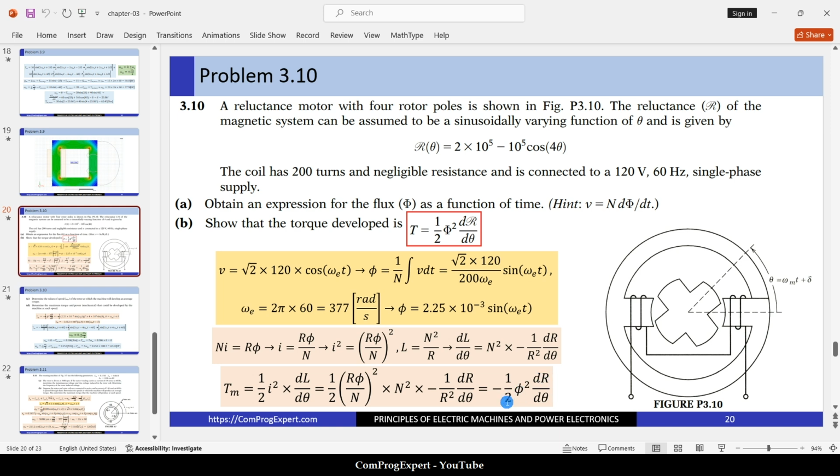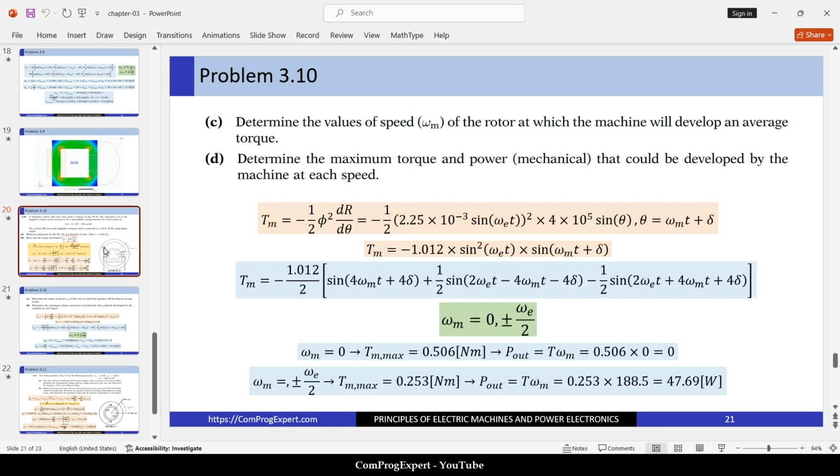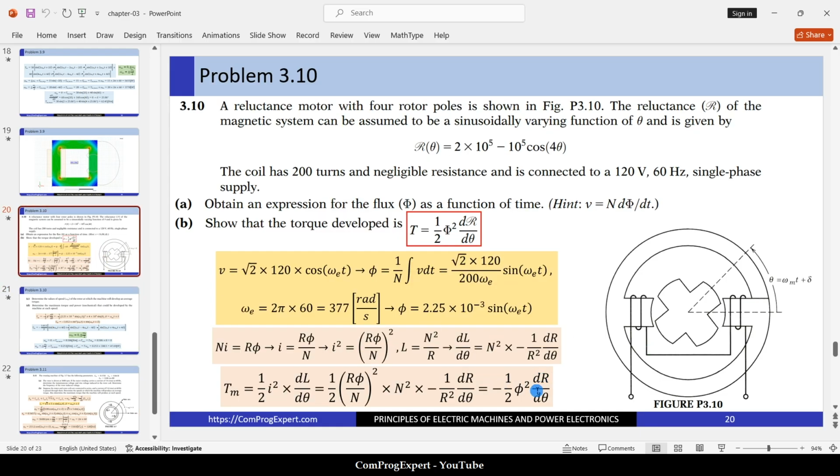In later chapters, for example special machines, or in the next electrical machine design courses, you will use this equation multiple times, because you should propose the structure and calculate the reluctance based on the structure that you proposed for your design.